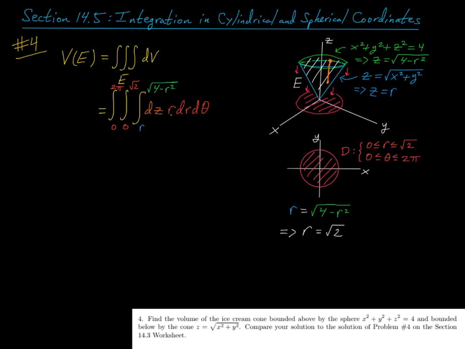Here, r and theta are fixed, and so I can just integrate this constant 1, and that's just going to give us z. Then when you evaluate that at the root of 4 minus r squared, that's just going to give you the root of 4 minus r squared, and then you subtract from that r. So we just get the difference in these bounds, and then we have that factor of r outside parentheses in our dr d theta.